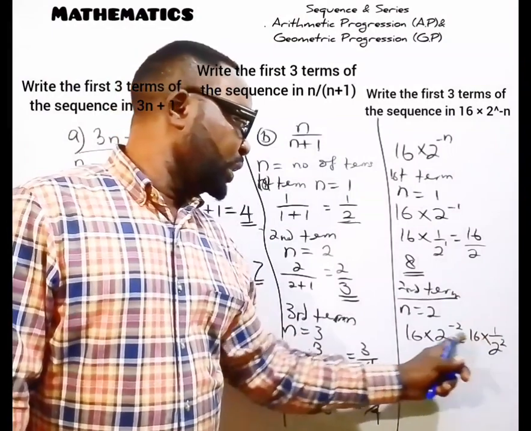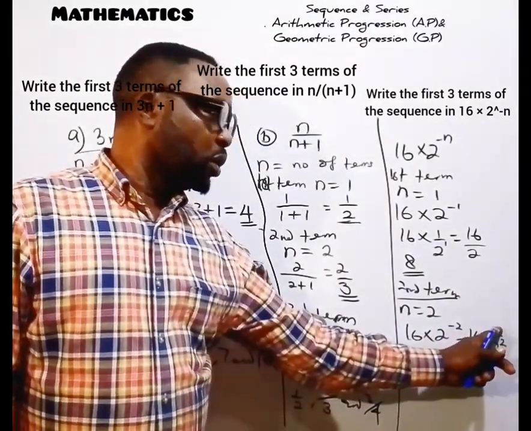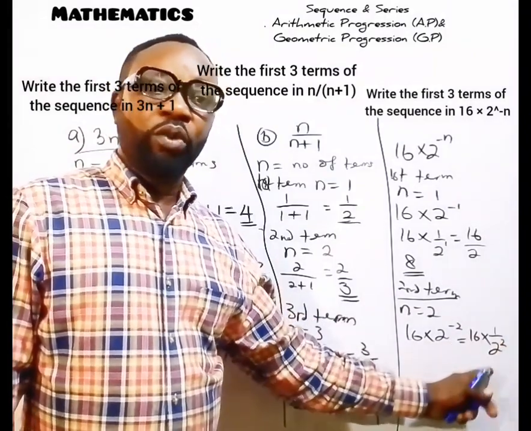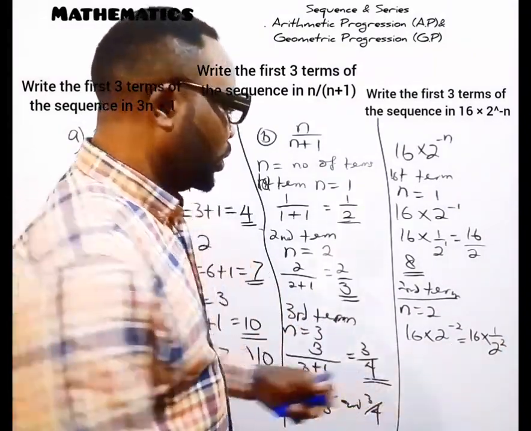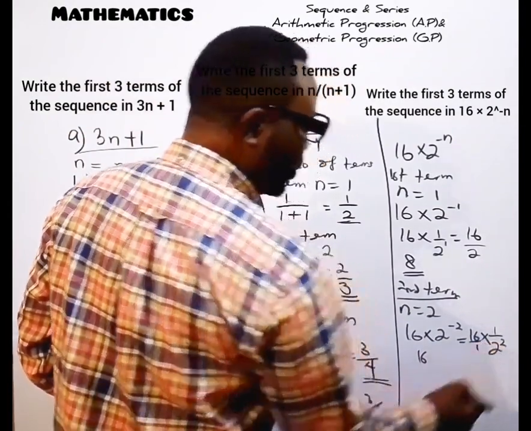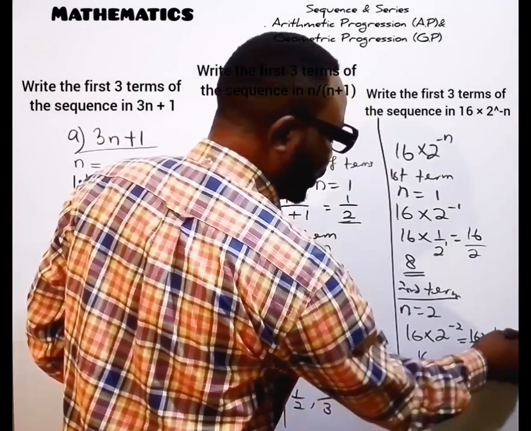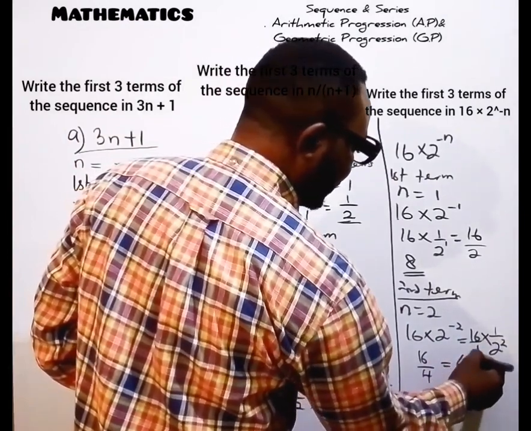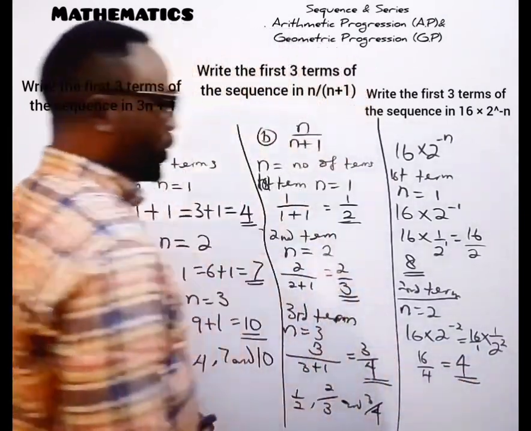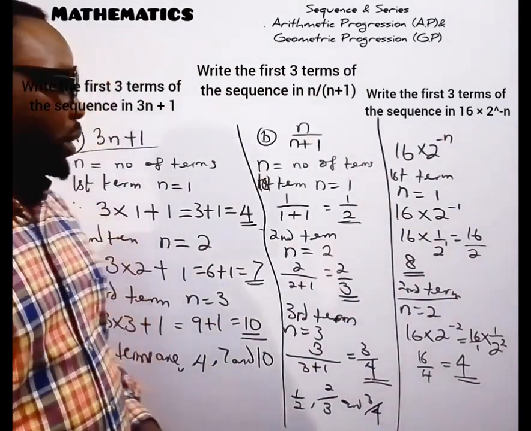So we are having 16 times 1, 16, all over 4, because 2 raised to the power of 2 is 4. That will be 16 over 4, which is equal to 4. That is the answer for the second term.